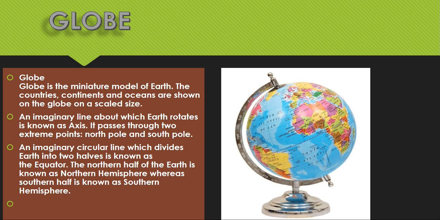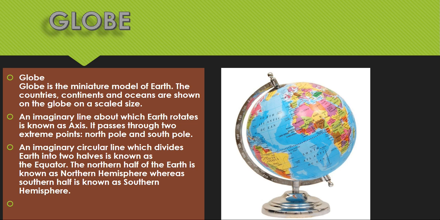The globe can be moved around this needle from west to east just as the Earth moves. Remember, it moves from west to east. But remember, there is a major difference. The real Earth has no such needle.